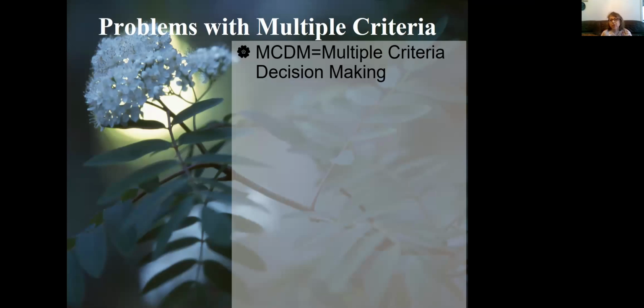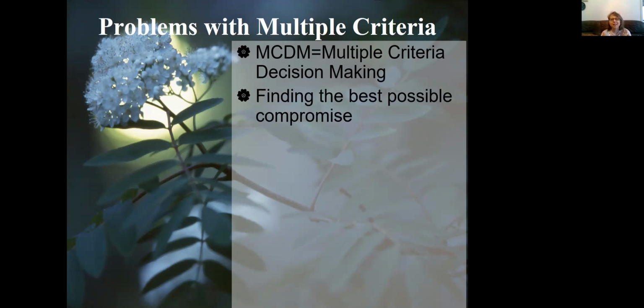I mentioned that operations research is an umbrella term, and under that umbrella we have multiple criteria decision making, which means decision making in the presence of multiple conflicting criteria or objectives, and multi-objective optimization is a subset of multiple criteria decision making problems.